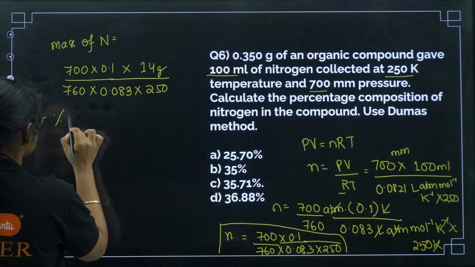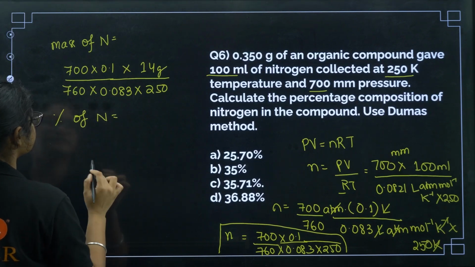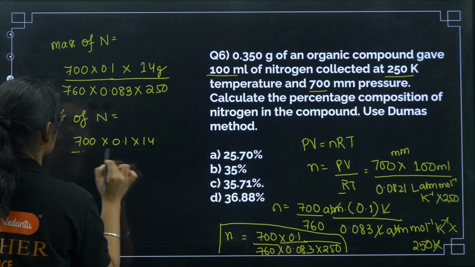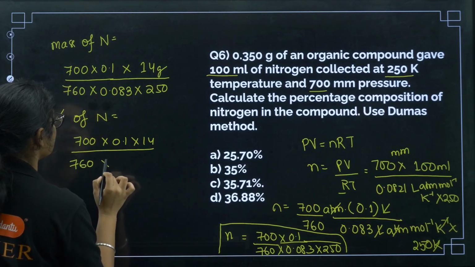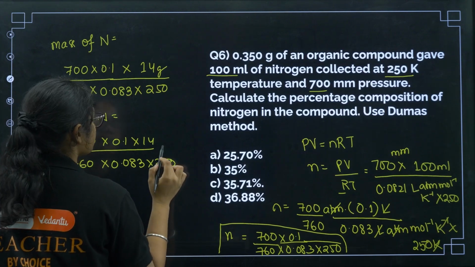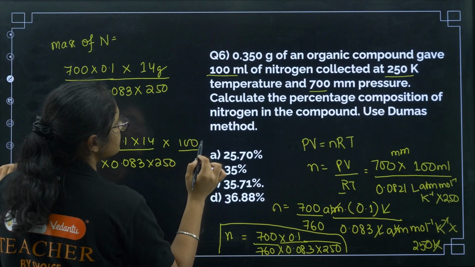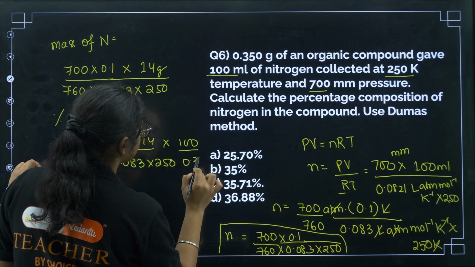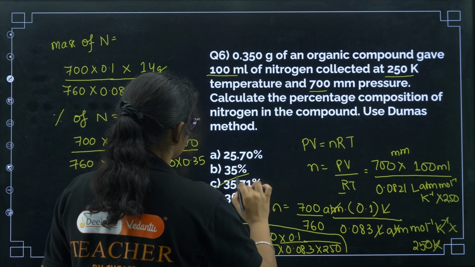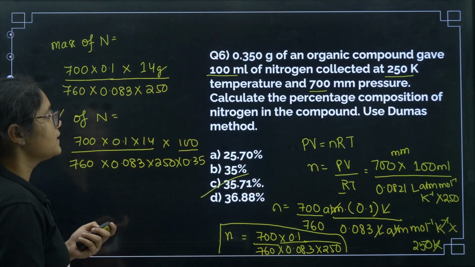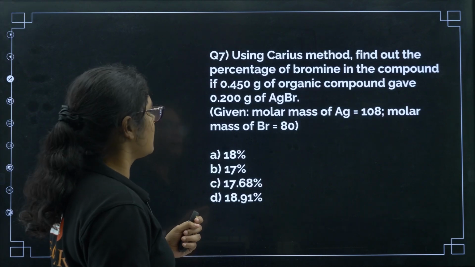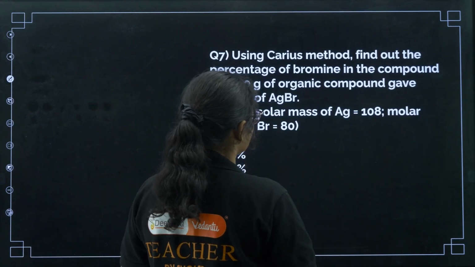Now if I want to calculate the percentage of nitrogen, percent of nitrogen will be 700 into 0.1 into 14 divided by 760 into 0.083 into 250, then into 100, and the mass is 0.35. Now if you solve all this, you will get around 35.71%.